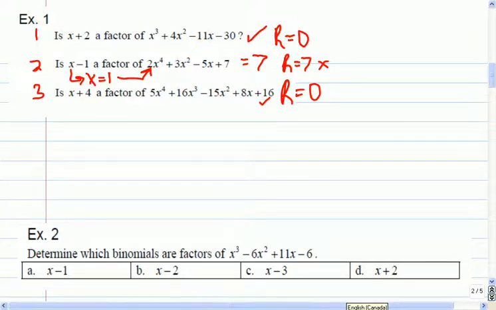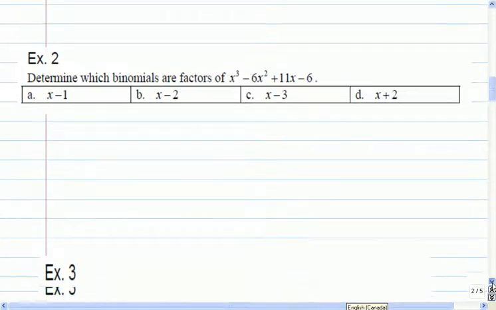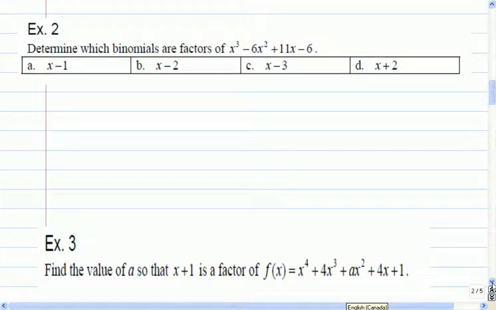So here is an example of where you might see that sort of thing appear. Multiple choice question. Which one of these is a factor? In this case, it may be more than one, but we'll take a look and see which ones may or may not be factors of that polynomial. So it's kind of like a search you would do on a test or a quiz. Okay, so I ended up with 3 factors.